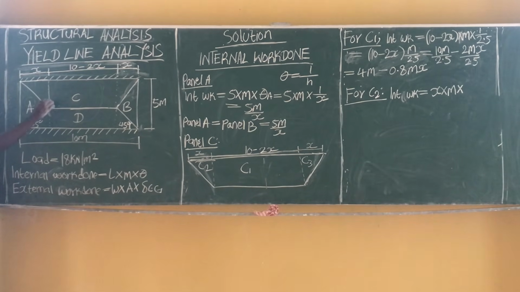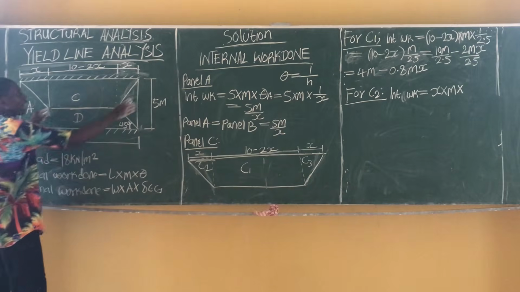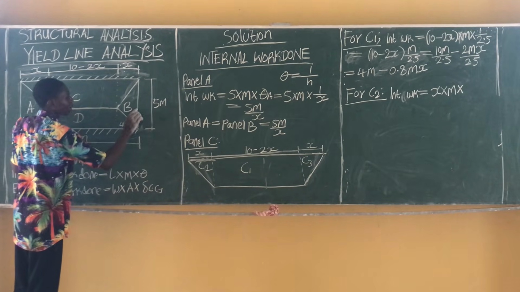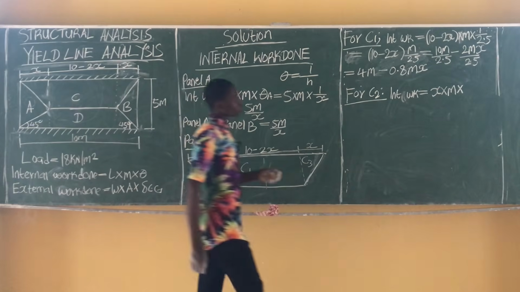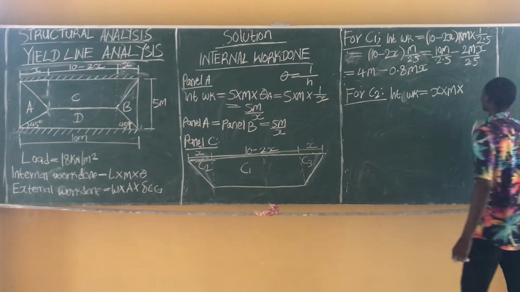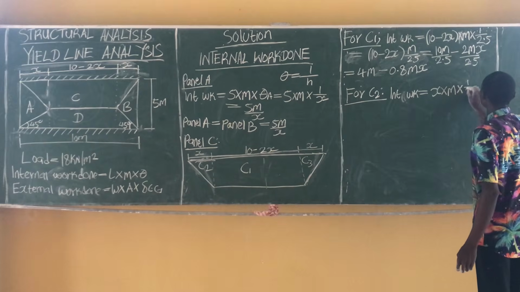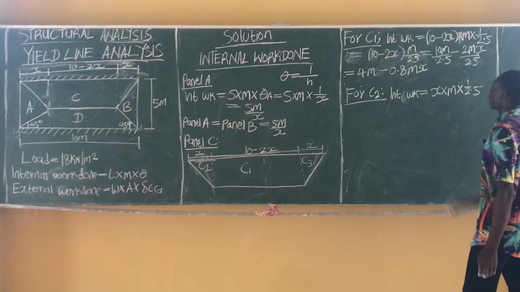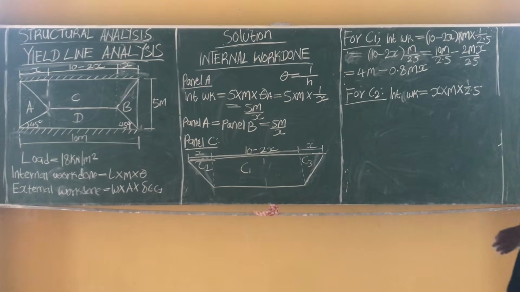If this is the length, this is the perpendicular distance, and since this is failing by 45 degrees, it is at the half mark, and this is 2.5. So we have that times our theta, and our theta is 1 all over 2.5.